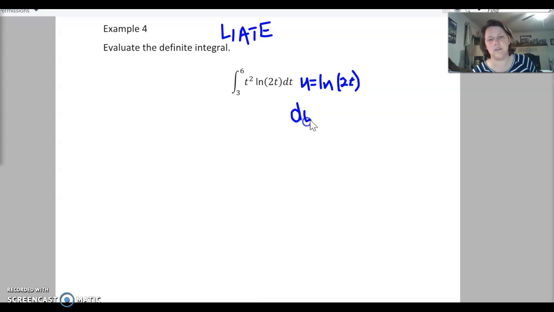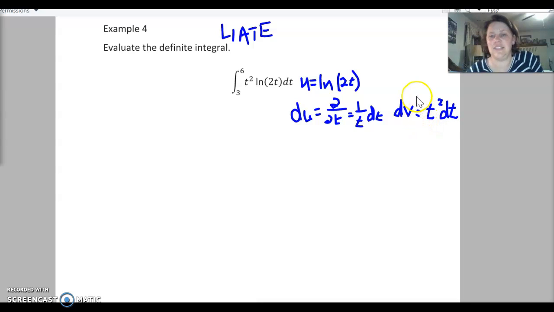And so du is going to equal 2 over 2t, which then we'll just simplify to 1 over t dt. And then our dv is going to equal everything else, so dv is going to equal t squared dt.